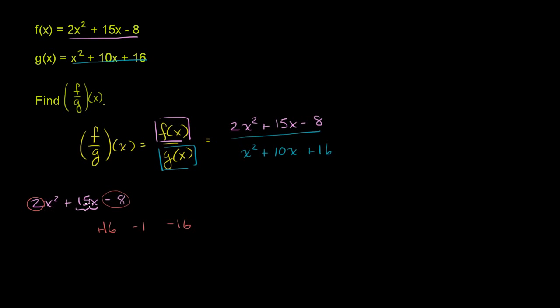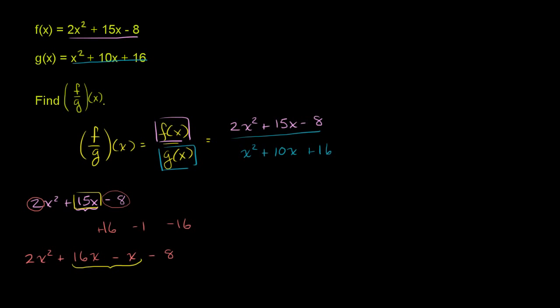So what we can do is split this. We can rewrite this expression as 2x squared plus 16x minus x minus 8. All I did here is I took this middle term, and using this technique, I split it into 16x minus x, which is clearly still just 15x.